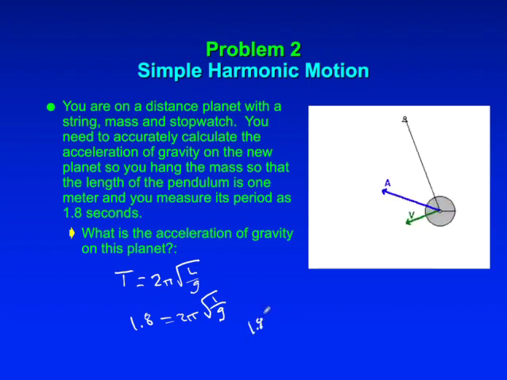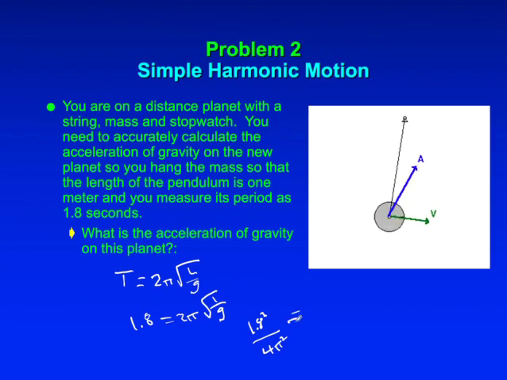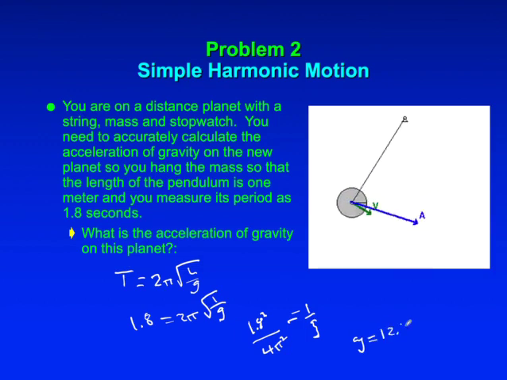So 1.8 squared over 4 pi squared is equal to 1 over g. If you solve this real quick, I'm going to grab my calculator and do this. And I get g is about 12.2 meters per second squared on this new planet.